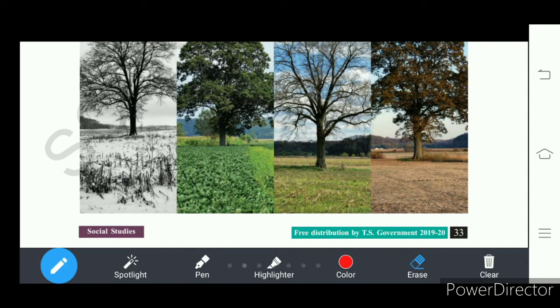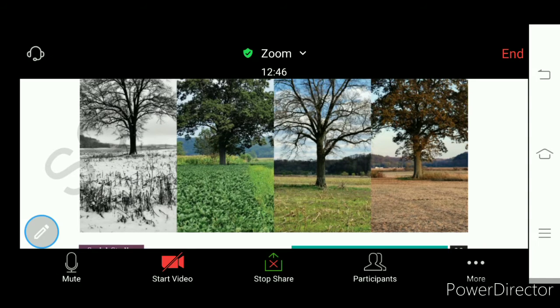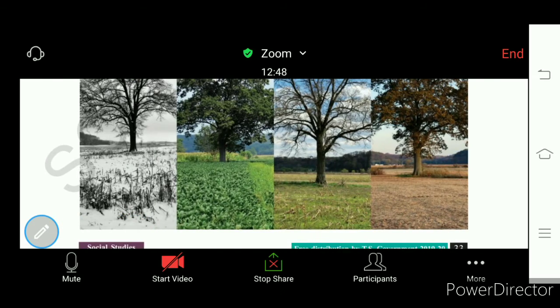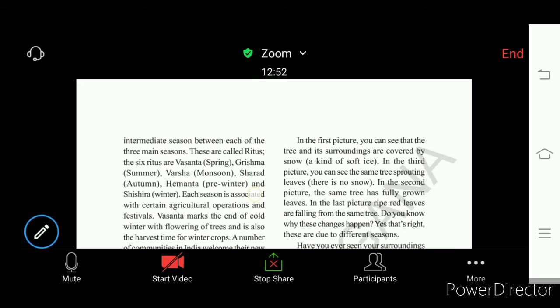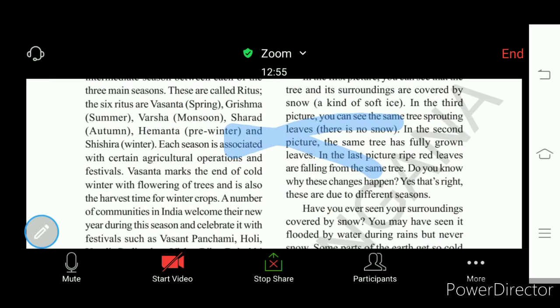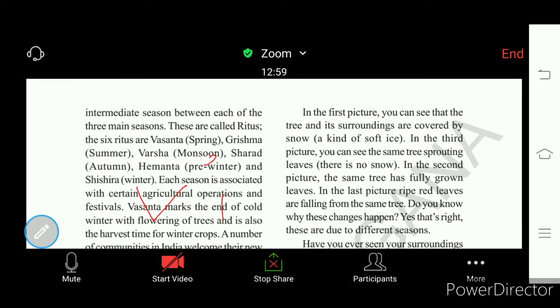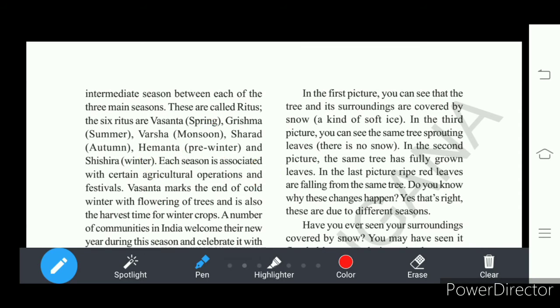Okay. This is what I want to say. That is the seasons taking place. Understand? Look at here. These are the 6 seasons. The ritus are given here. Look at here.